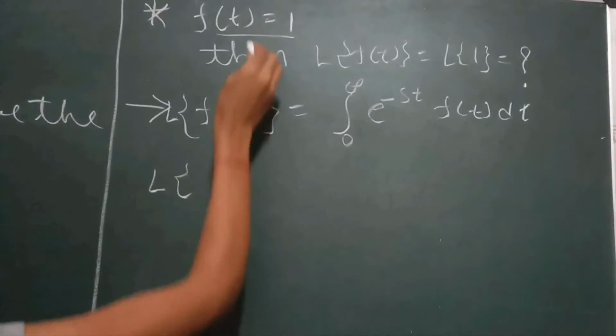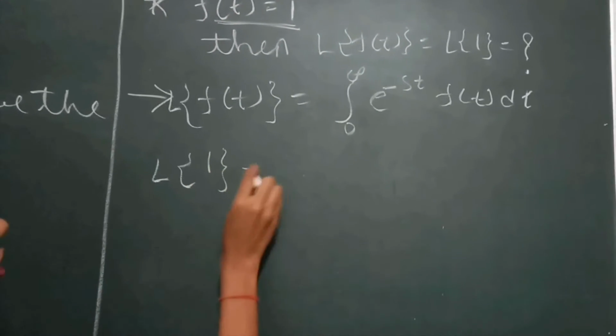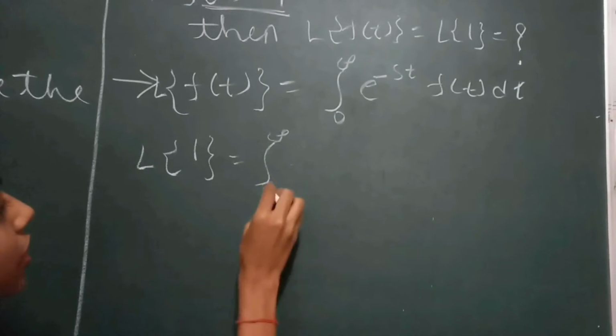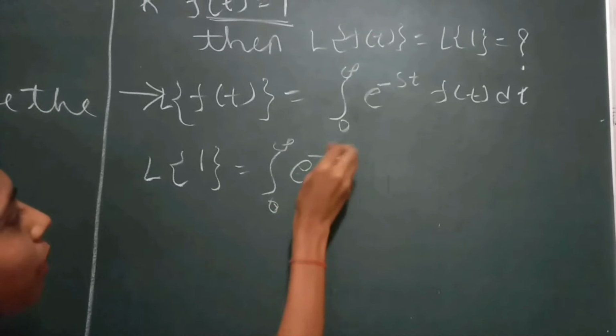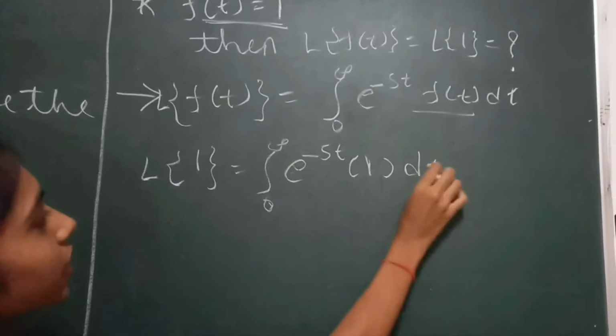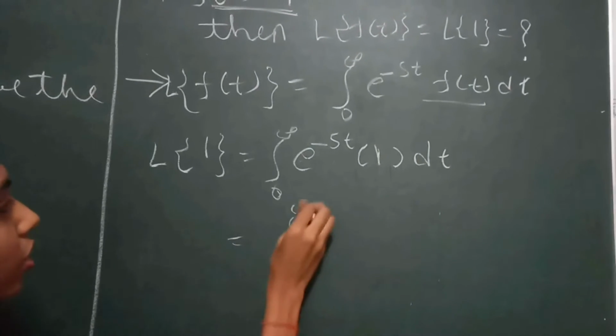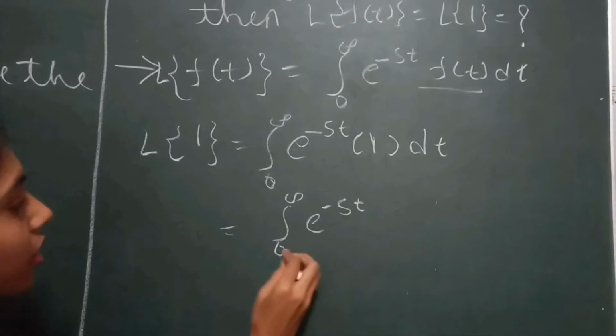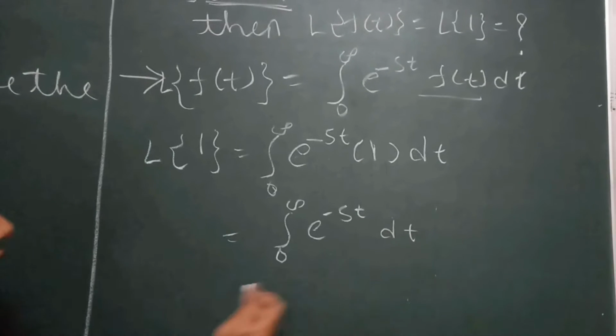Then f of t is 1. So L of 1 is 0 to infinity e raised to minus st times 1 dt, which is equal to 0 to infinity e raised to minus st dt.